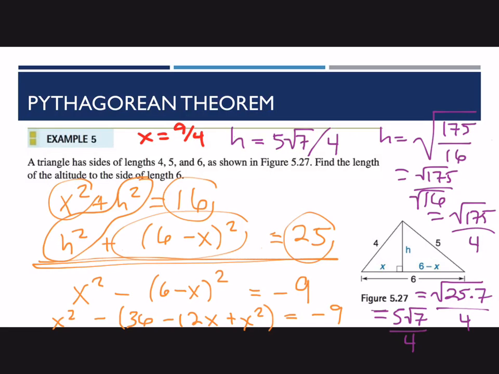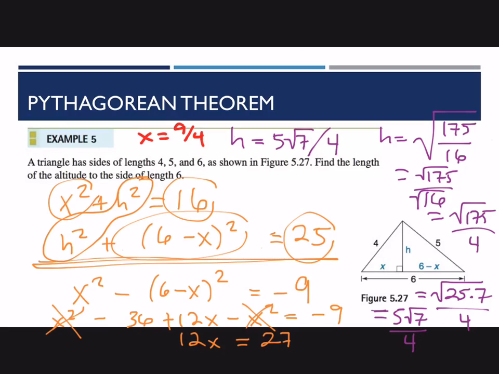And then you would go through and distribute the negative, so you would end up with negative 36 and positive 12x and negative x squared. Okay, so then the x squareds would cancel, and then when you combine like terms and everything, you've got 12x equals 27, and we're back to the same place where we were before. When you solve that, you're going to get x equals 9/4.